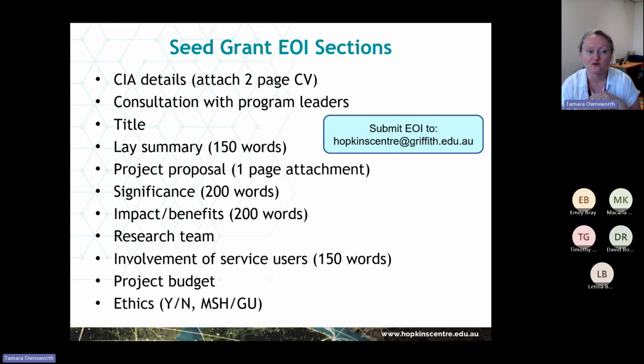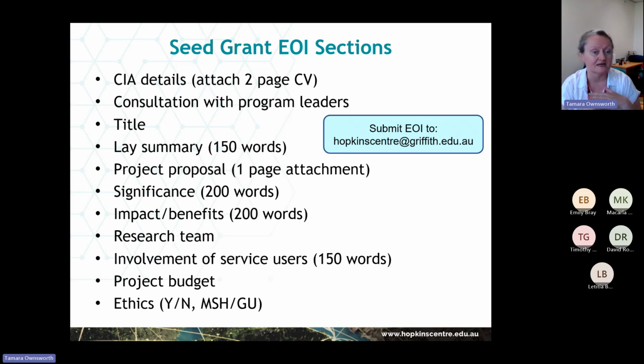You need to indicate that you have consulted with a program leader, and that doesn't mean just letting a program leader know that you are submitting the application, but actually asking for time to meet with the program leader, in person or through Teams, and seeking feedback on the draft of the EOI or your project pitch.